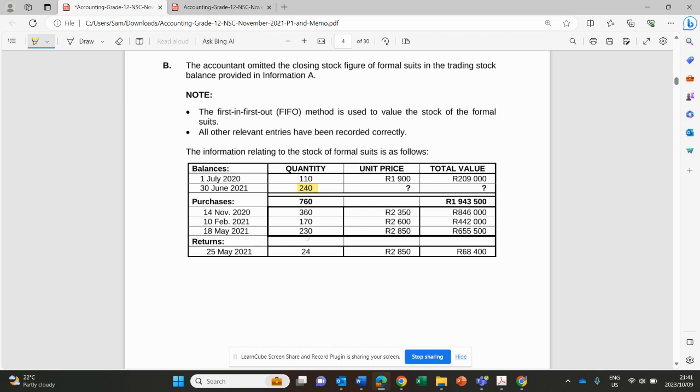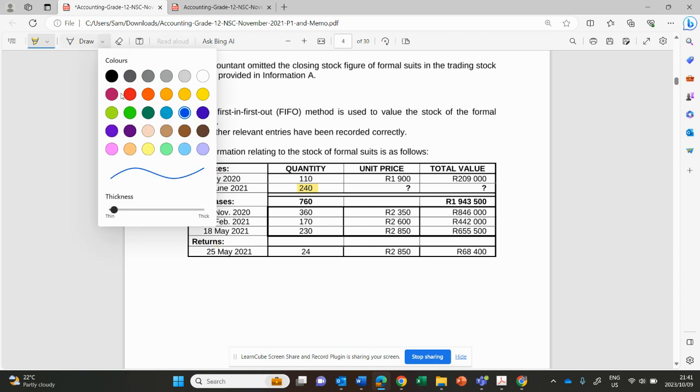When you are doing FIFO, you need to update the table with the returns or donations or other additional information given. So update your table. How? If you check here, we have returns.